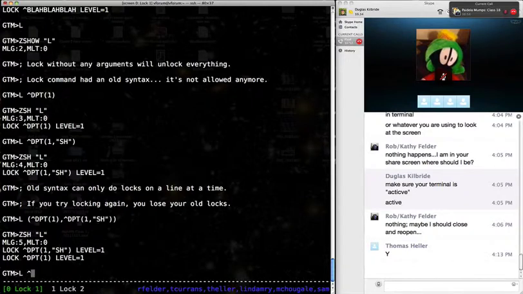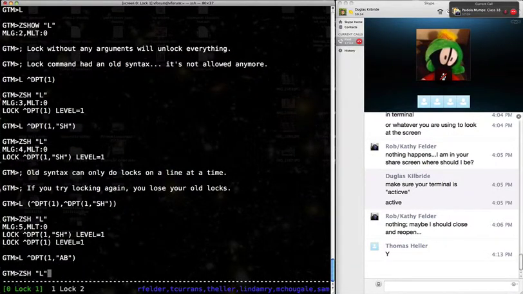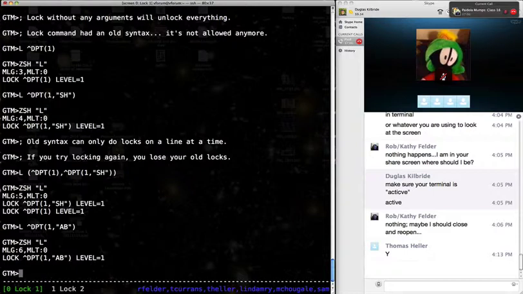And if I lock something else, again, I'm going to lose it. Okay, good. So that's the old syntax, and I'm showing you how it works. So let's talk about the new syntax.